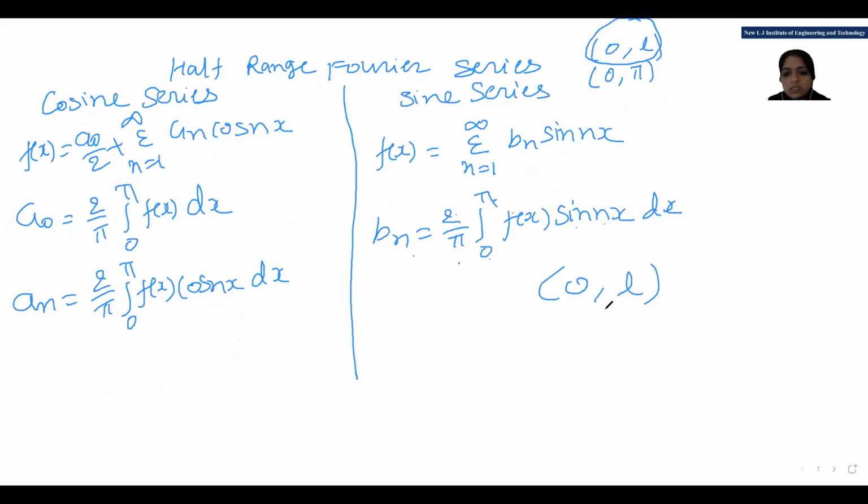In half range series 0 to L, or in L we replace it by 1, 2, 3 or 5. So in half range there is no 12. Okay, now got it?